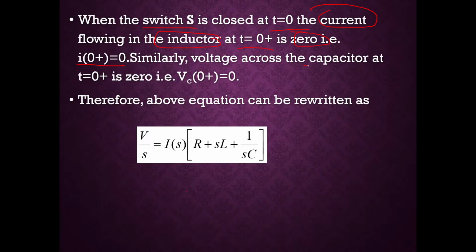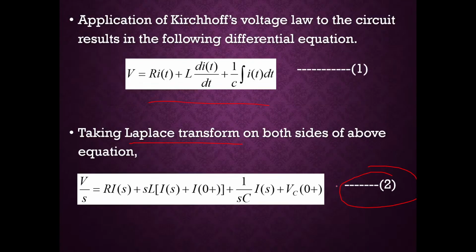Similarly, the voltage across the capacitor is 0. So substitute these two conditions in equation number 2. This term becomes 0 and this term becomes 0, so the remaining terms are left over.